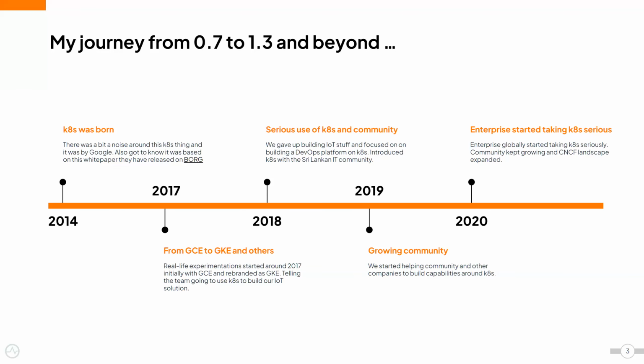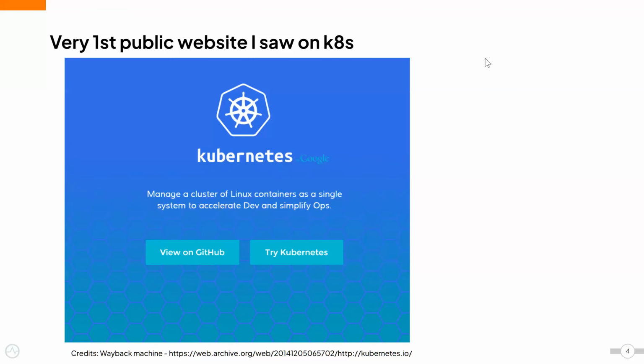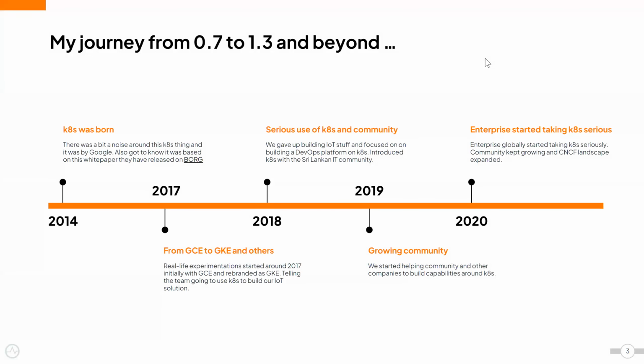When I told the team, I asked, you guys know about Docker, right? Docker also came around 2014, and it was still popular but not really mature globally, while Kubernetes was kind of scaling.